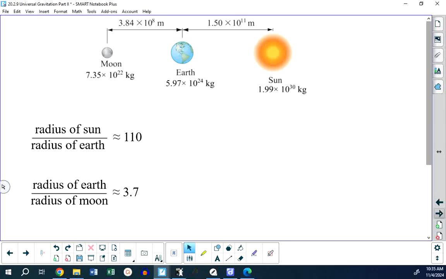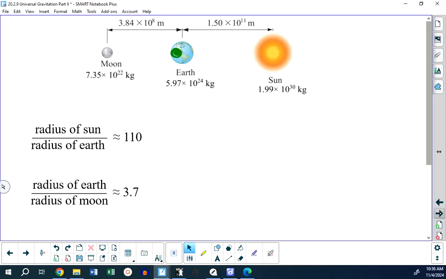This one's not bad because when you take a look at the size of this moon and you put it on the earth, it's better, you know. But the moon should be half as big as what's drawn, and the sun compared to the earth should be about 50 times larger.